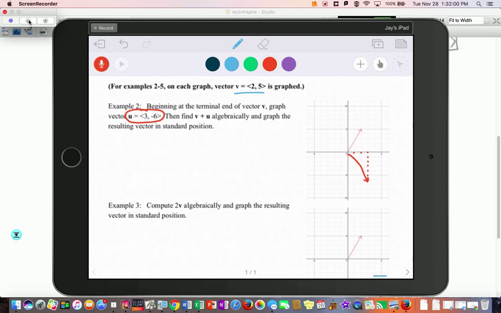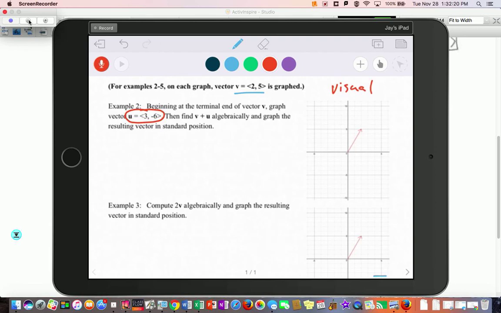So the vector would look like that. That would be vector u. So all we're trying to do in this problem is give you an understanding of how this works and give you a visual.